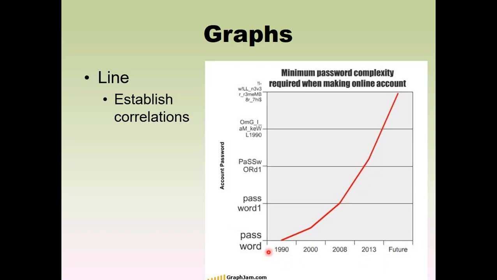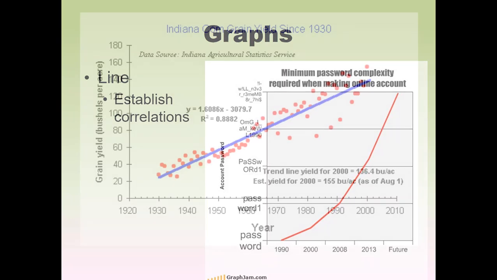And back in 1990, you could get away with something simple. And nowadays, not only do you need to include uppercase, lowercase, typically numbers, and also symbols into your password. So we're seeing a correlation here by using a line graph.